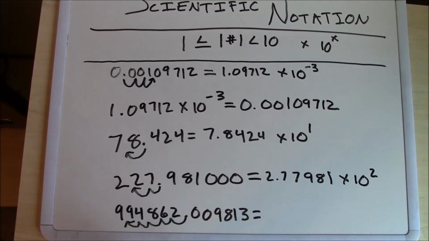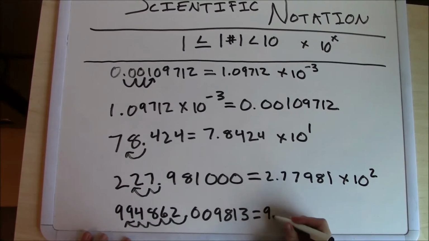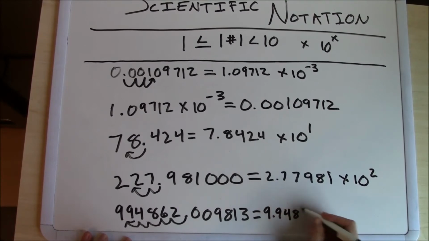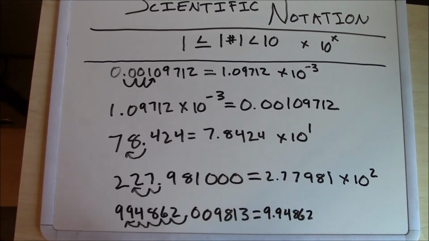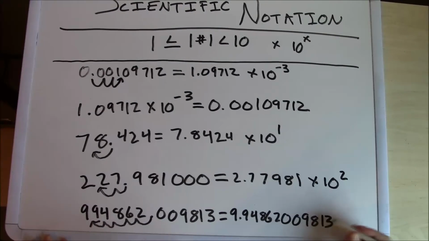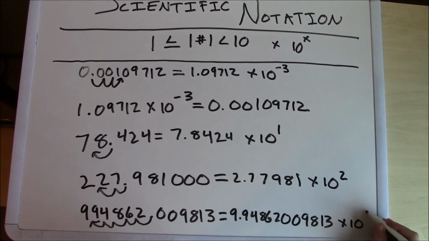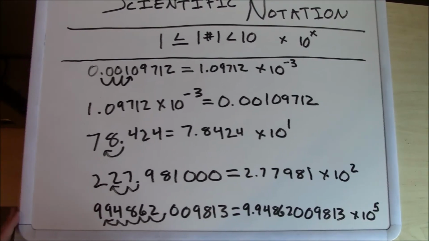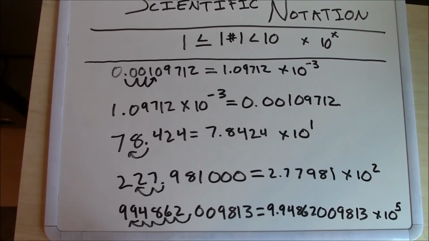It's going to be a positive 5, so we're going to end up with 9.94862009813 times 10 to the 5th. We keep these zeros because they're in the middle. If you got rid of these zeros, it's going to be a totally different number. So you want to keep the zeros in the middle.